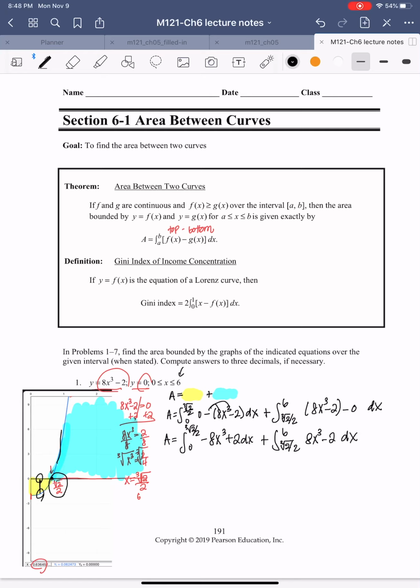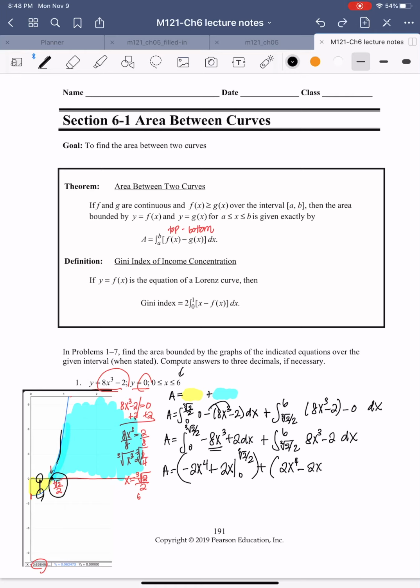Okay. Raise the power, divided by the new power, an easy one to evaluate. That will reduce down to negative 2x to the fourth plus 2x, from 0 to cube root of 2 over 2. Same thing, raise the power, divided by the new power.